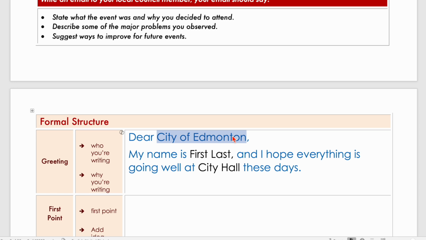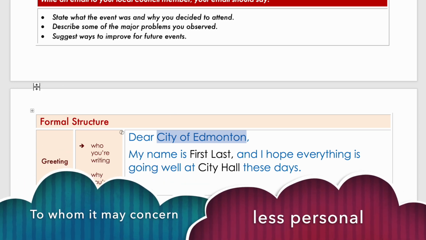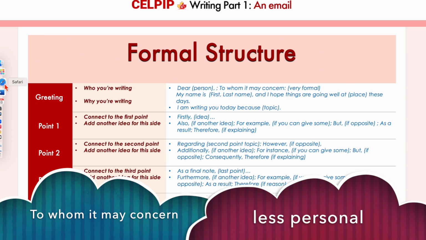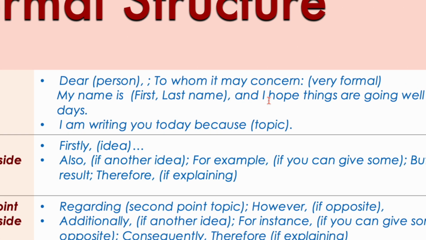Or you can put dear council member, city council member. Or we can even put to whom it may concern because it's formal. Any of those are good for this email.